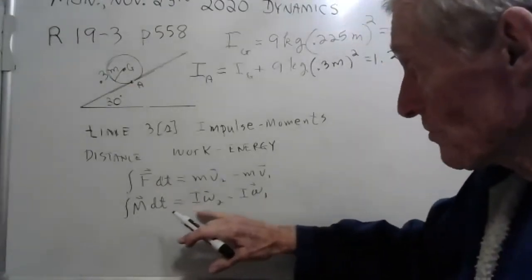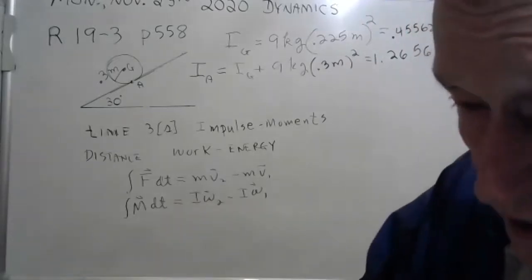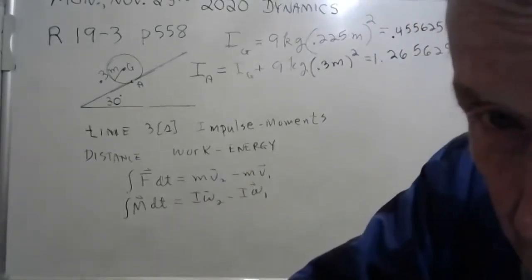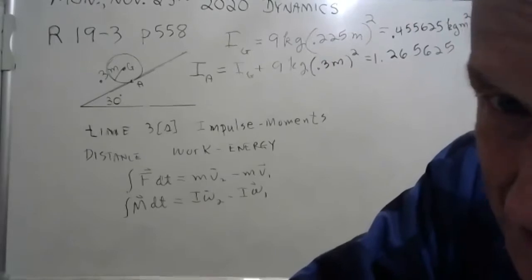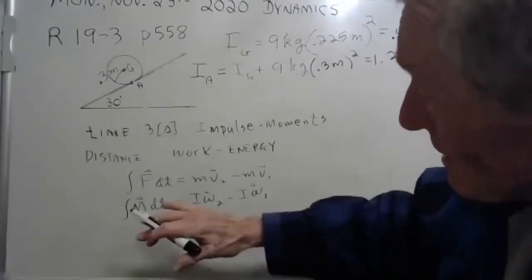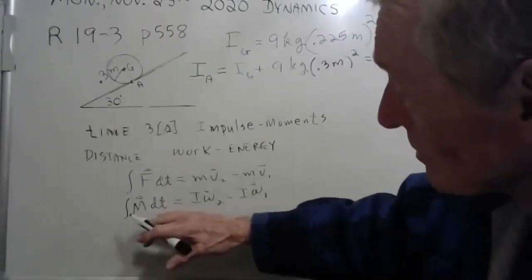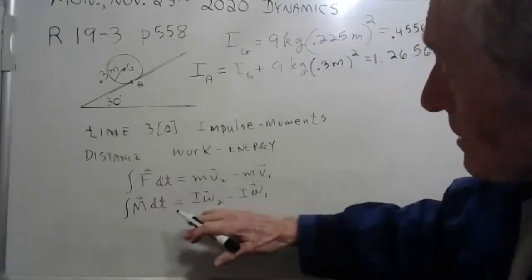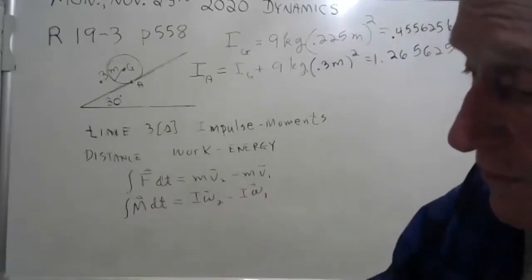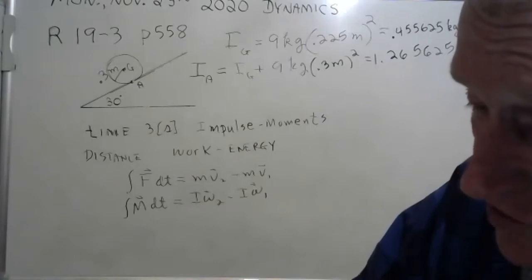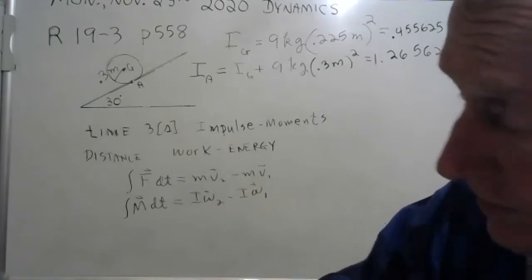This equation here, what's the name of it? Angular impulse, angular momentum. That's it. She's got it. This is called angular impulse, angular momentum. That's the angular impulse, angular momentum equation.